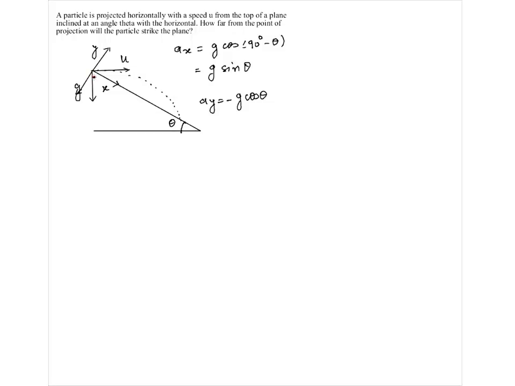So if we take any point xy in the path, then x equal to ux t plus half ax t square. Okay?